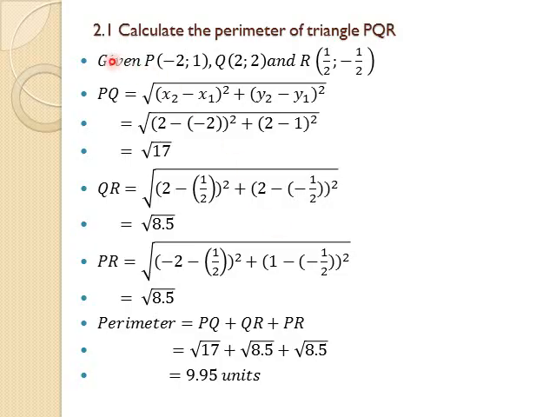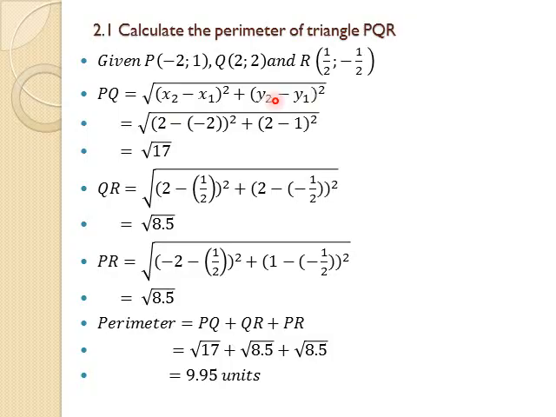Now in 2.1, calculate the perimeter of triangle PQR, given that P is minus 2 and 1, Q is 2 and 2, and R is half and negative half. So to get the perimeter, I need the length of PQ, the length of QR, and the length of PR. So I have to add all three sides. First, PQ: square root of x2 minus x1 squared plus y2 minus y1 squared.